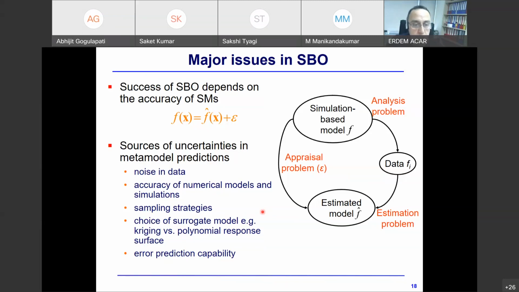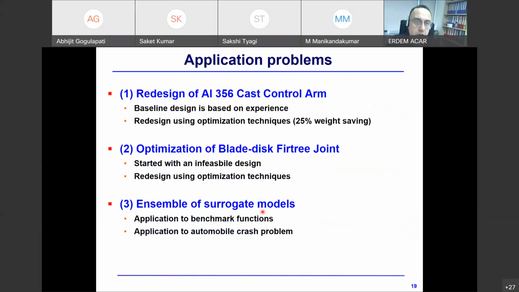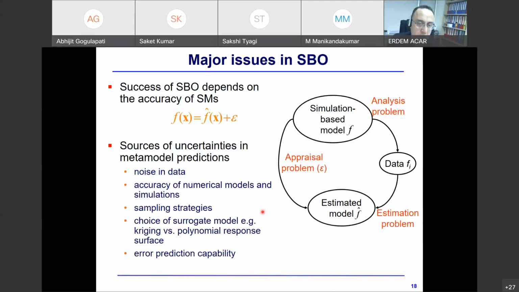Due to those wrong selections or noises, we have some errors in our surrogate models, and it limits the optimum that we found through surrogate model use. In that case, as I mentioned in our earlier slides, the surrogate-based optimization should end with some validation checkpoint.